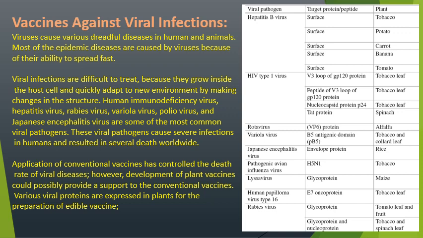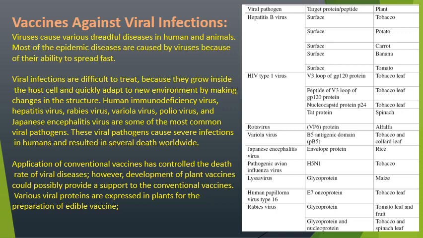Viral infections are difficult to treat because they grow inside the host cell and quickly adapt to a new environment by making changes in structure. Human immunodeficiency virus, AIDS, hepatitis virus, rabies virus, variola virus, polio virus, and Japanese encephalitis virus are some of the most common viral pathogens. These viral pathogens cause severe infection in humans and have resulted in several deaths worldwide.